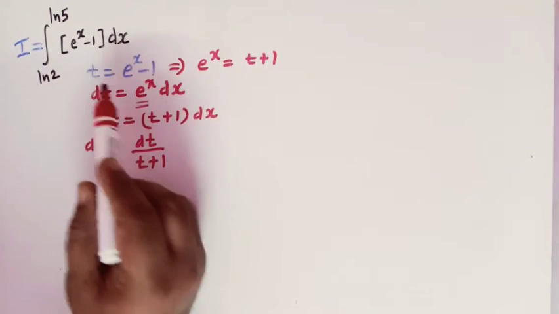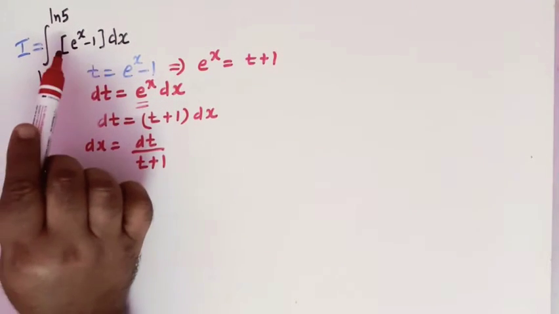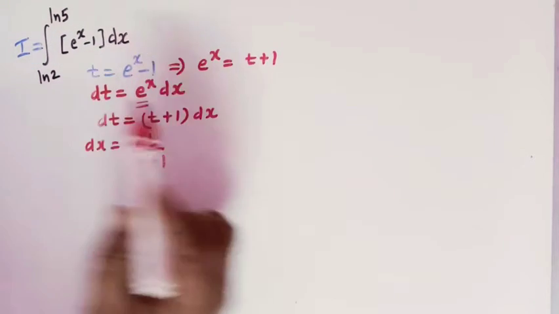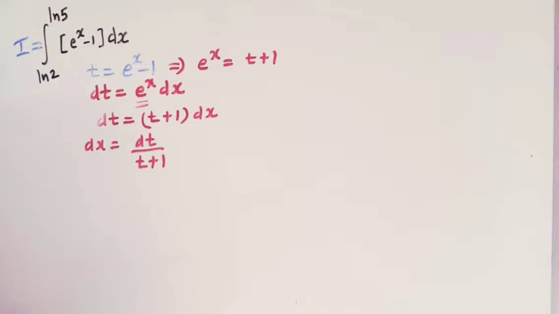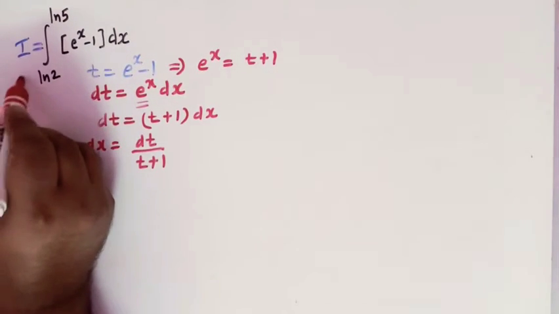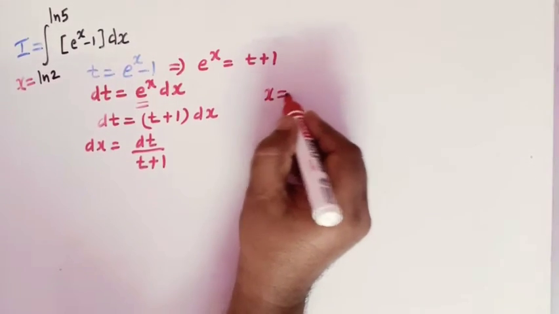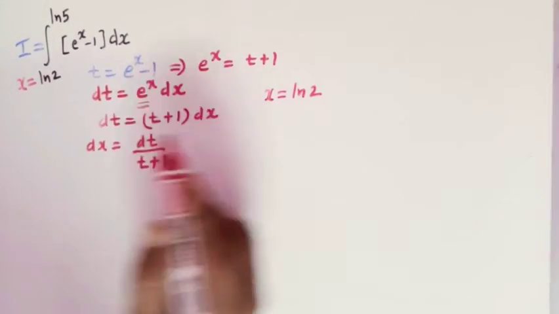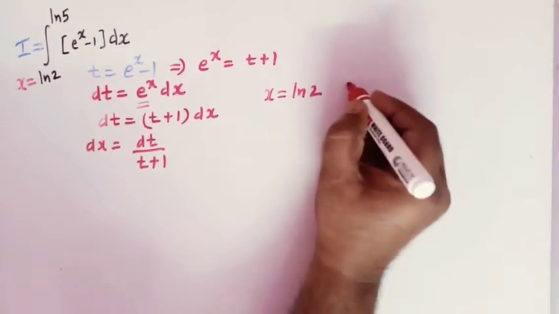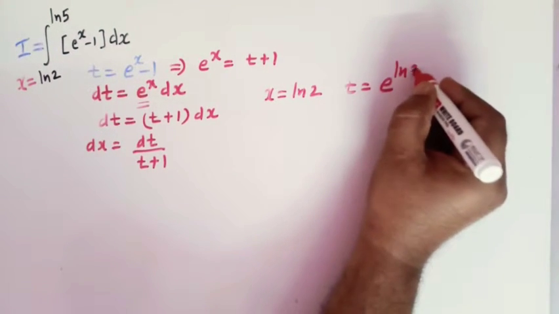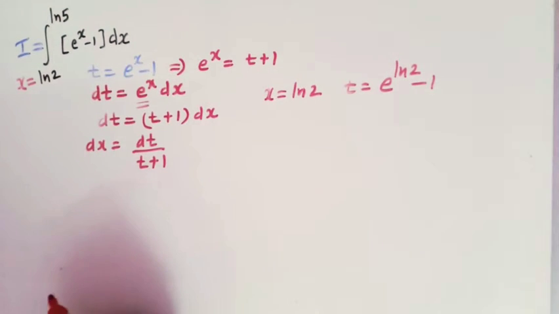Okay, now here we have changed the variable x to t. So let us change the limits. When x is equal to ln 2, then the value of t is equal to e raised to ln 2 minus 1, right?